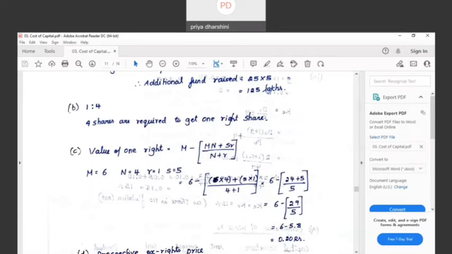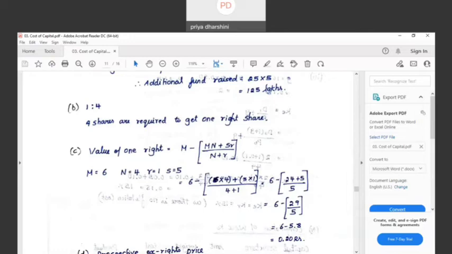Only if you spend 6 rupees on 4 shares, you will get 1 share at 5 rupees, which means how much is your total outflow? For you to get that one share at 5 rupees, you have to already buy 4 shares, then one rights share. So totally it is 5 shares, which means I find the average price. How do I find the average price? If I buy 4 shares at 6 rupees, I will get one share at 5 rupees, which means how much is my total spending?